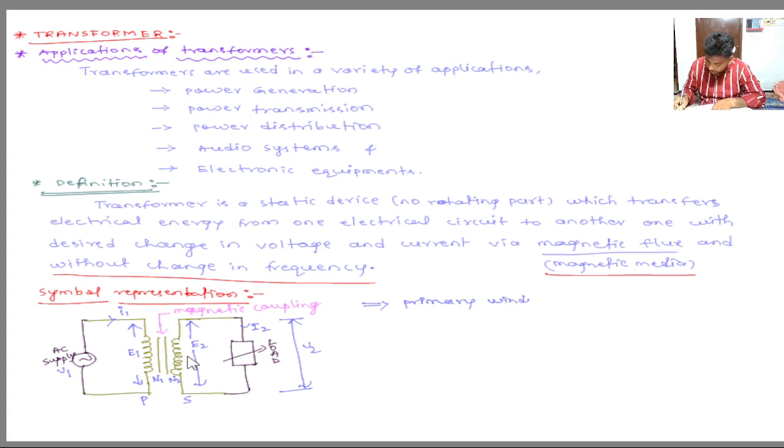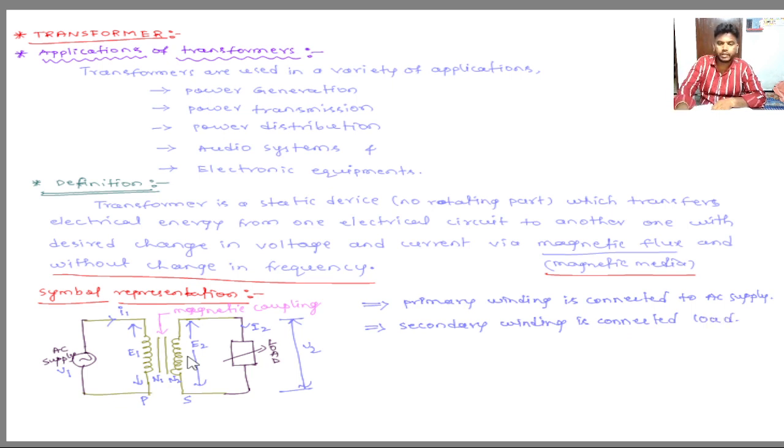Primary winding is connected to AC supply, and secondary winding is connected to the load.